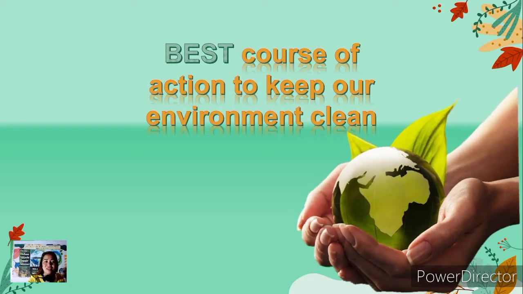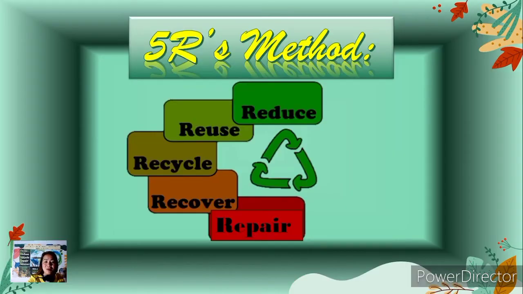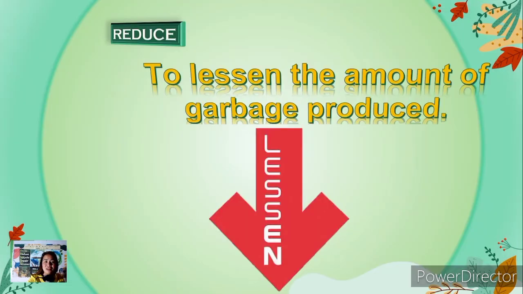Practicing waste management at home while you are young is the best course of action to keep our environment clean. You can do this through the 5Rs method: reduce, reuse, recycle, recover, and repair. First is reduce. It means to lessen the amount of garbage produced.